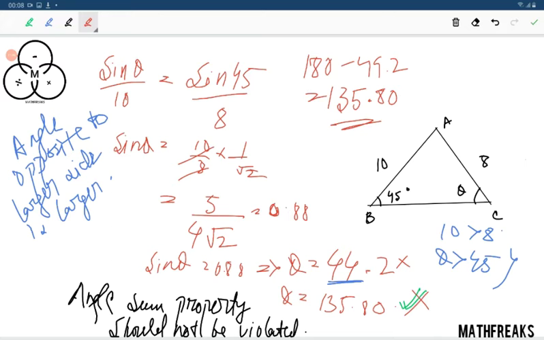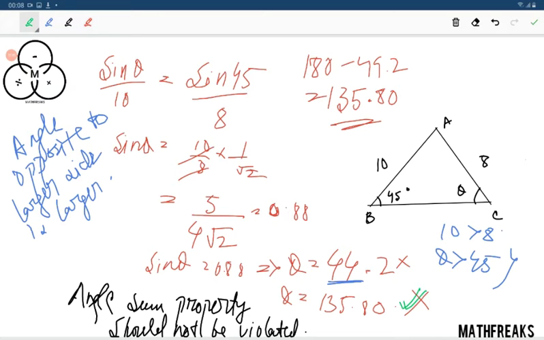Now there is a possibility that my calculation is totally absolutely wrong. This is also possible, that the calculator that I have used is absolutely wrong.